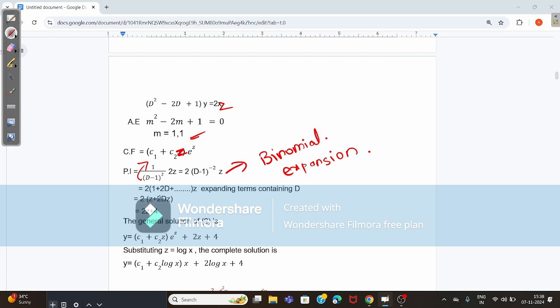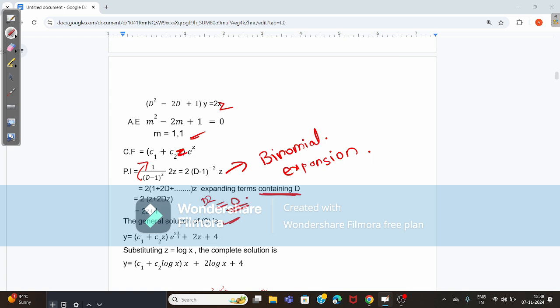Okay, take only the value of D. When you take D^2, when you double differentiate, this value becomes 0, so no need to take the larger values. Okay, 2(z + 2D z), multiplying these gives the value 2z + 4. The general solution of the equation is (c1 + c2 z) e^z + 2z + 4.